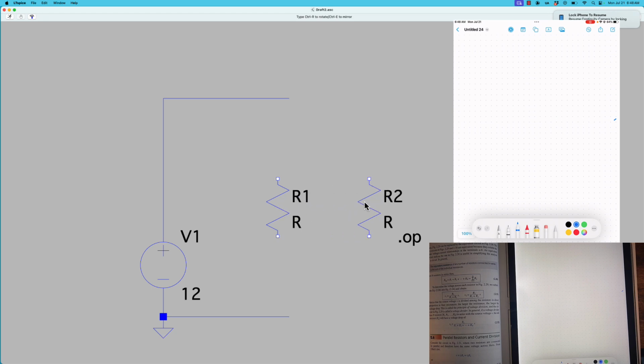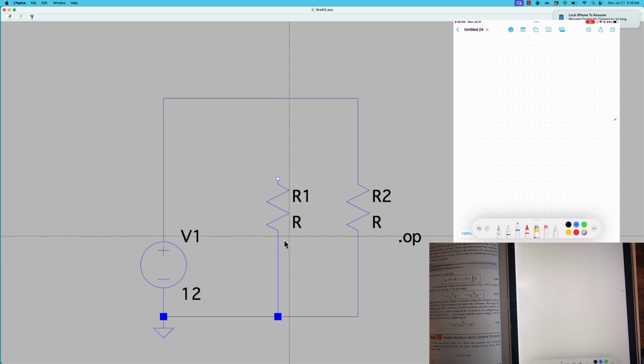I pressed R to call the resistor symbol, R1 and R2 over here, and then function F3 is to draw the wire. I'm drawing the wire over here. Since it's already grounded, we don't have to ground it again.